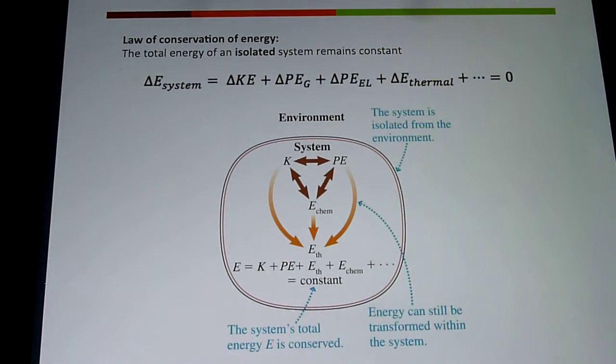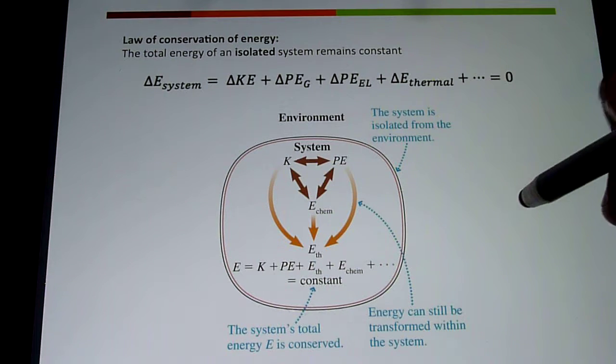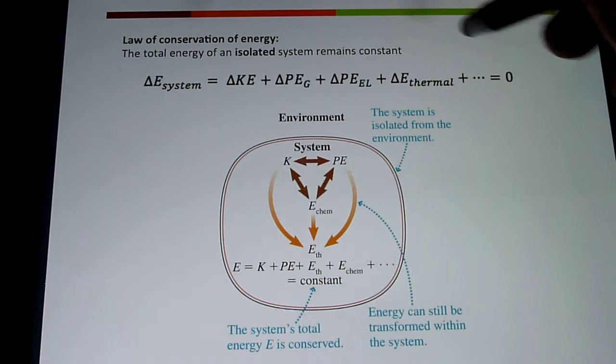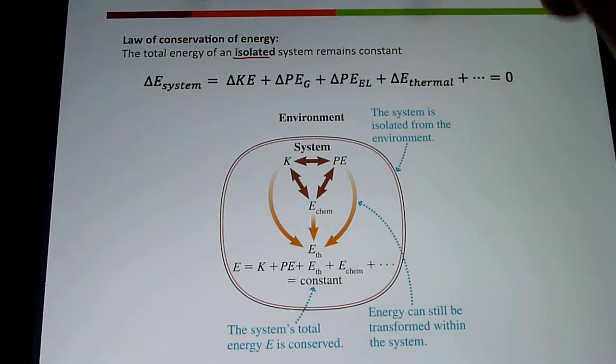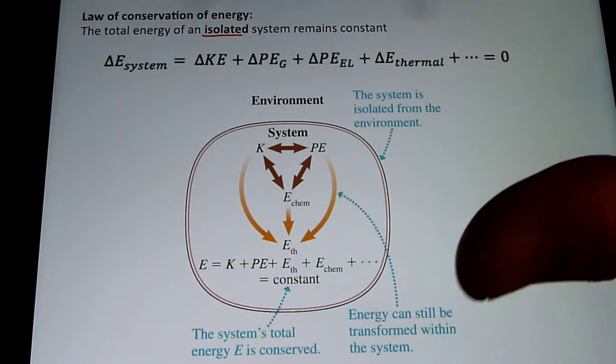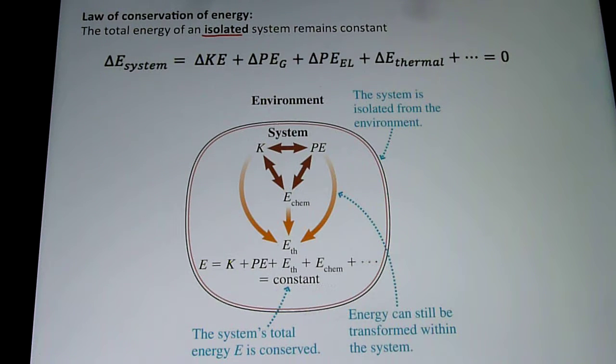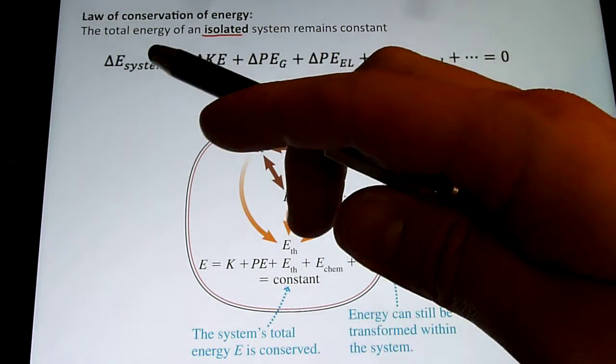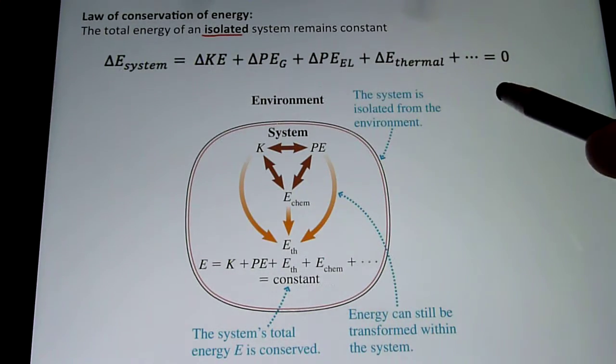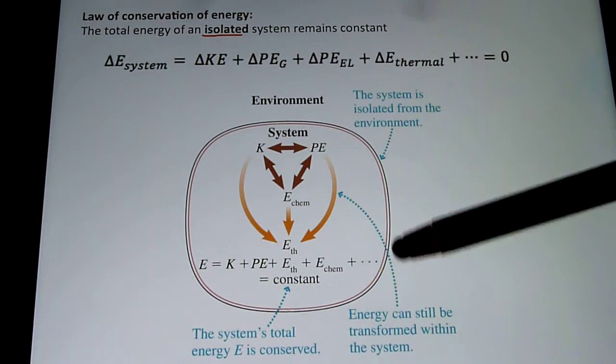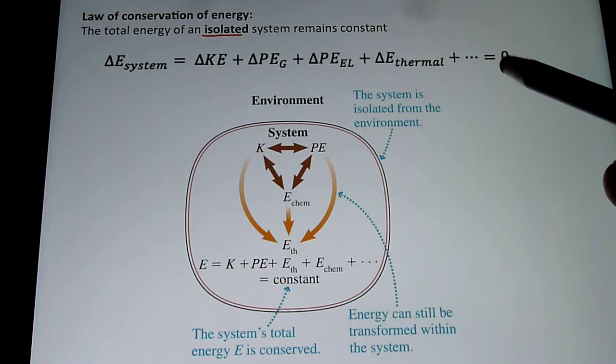So the law of the conservation of energy says that within an isolated system, that means nothing is acting on my system, it is contained within itself, the total energy remains constant. That means that my change in energy in my system equals 0, right? The total energy remains constant. This says that it does not change.